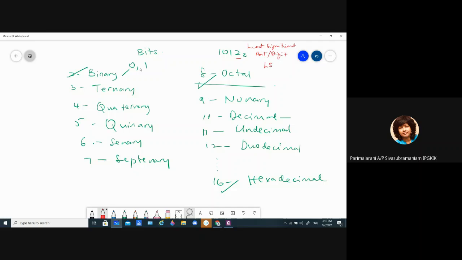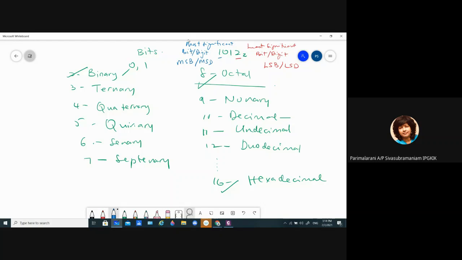We call it the LSB or LSD. The number on the left is known as the most significant bit or digit. It is the MSB or MSD.